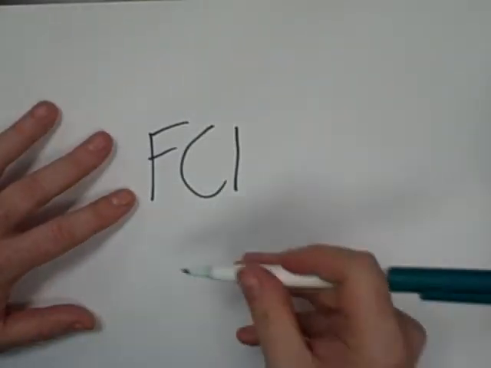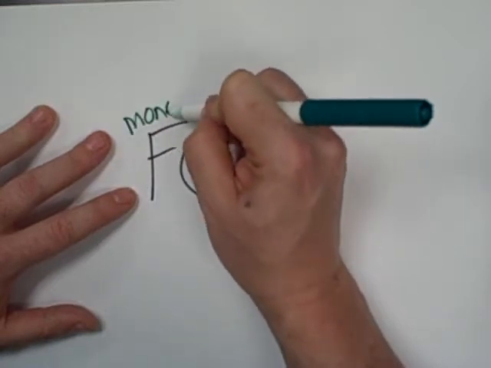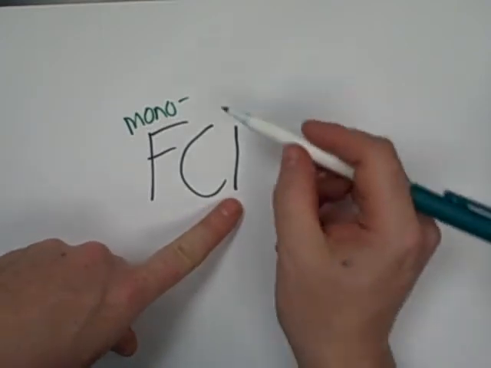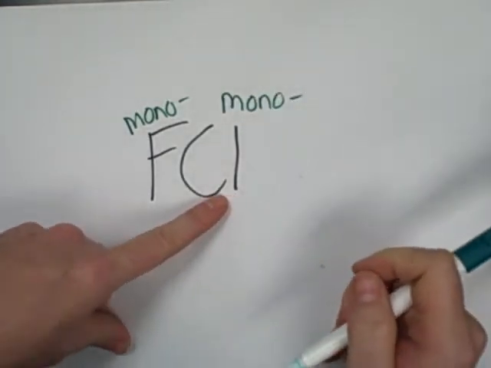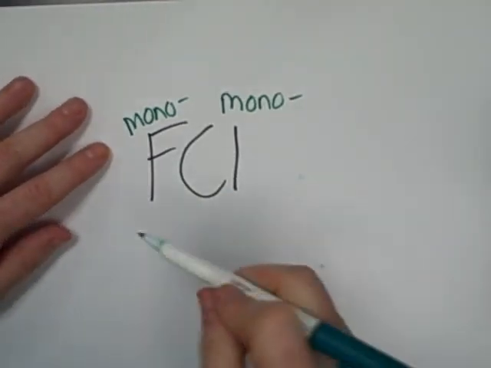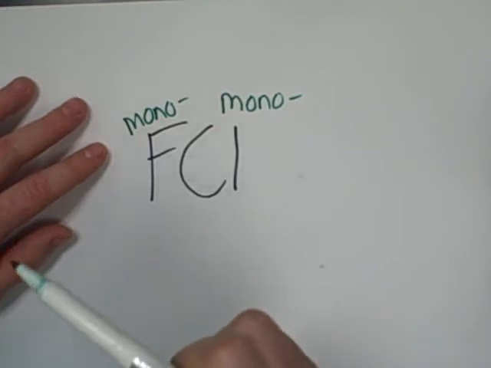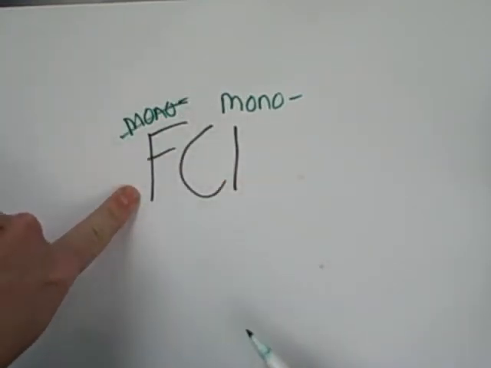Now, the first element, we only have one of, and that is fluorine. So the prefix for one is mono. We have one of chlorine, and the prefix for one again is mono. Now remember, we have an exception. We do not use mono on the first word unless that element that comes first is oxygen.